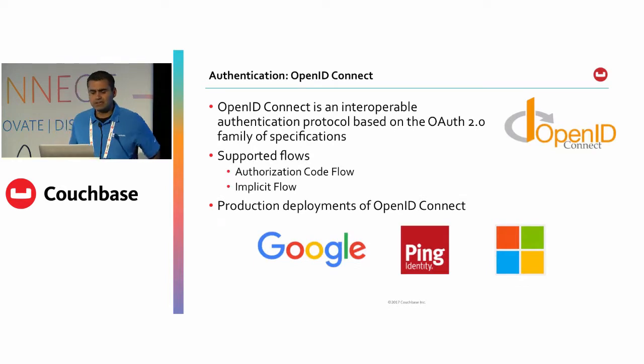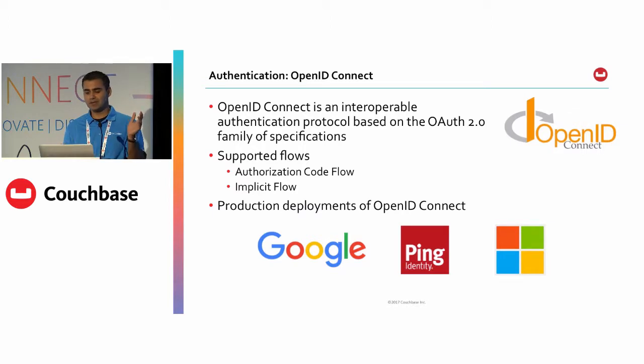So OpenID Connect is an interoperable authentication protocol. It's a simple identity layer that's built on top of OAuth 2.0. If you're not familiar with OAuth 2.0, it's a bunch of mechanisms that are defined to obtain and use an access token, and be able to access protected resources.